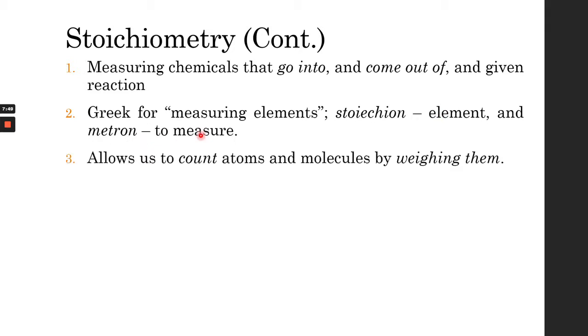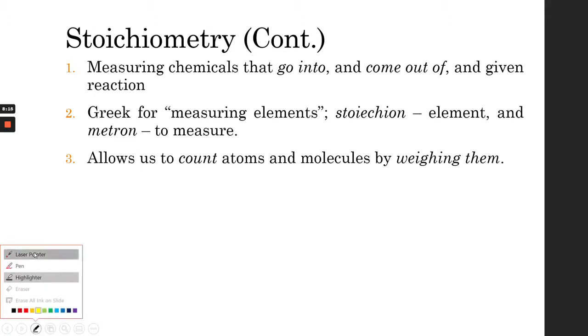Stoichiometry also allows us to count atoms and molecules by weighing them. So counting atoms is basically the moles. We can count atoms using moles. And by now you guys should be familiar with how we find moles. To find moles, we usually use the mass of the substance divided by the molar mass.